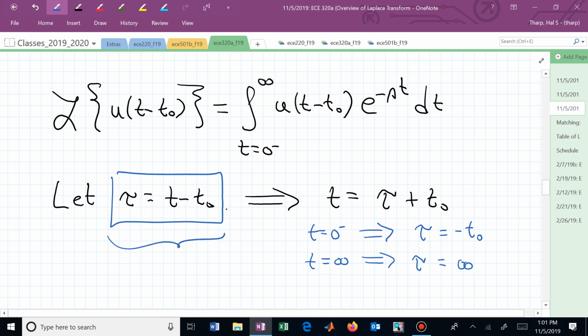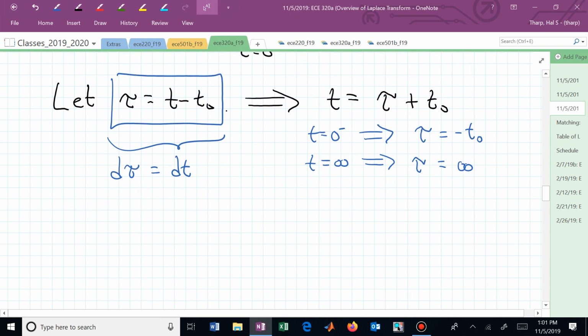And if I am changing variables of integration, I had dt. I want to see how it's related to d tau. And t naught is just a fixed number. I differentiate both sides and I see that the differential in tau is the same as the differential in t. So that now I can say, I want the Laplace transform of u of t minus t naught.